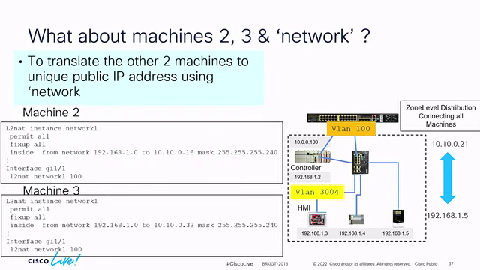So what would I do for machine 2 and machine 3 if I'm doing networking? So now again, the public has to be unique. And I have the mask of the /16. So I've got to start each public IP address with a unique mask translation. So I'm going to go 16 and 32. So even if I don't have 16 devices to be NATed, the minimum I can do is 16.